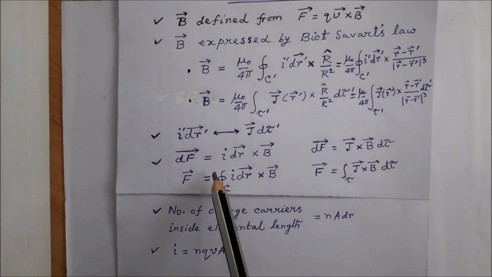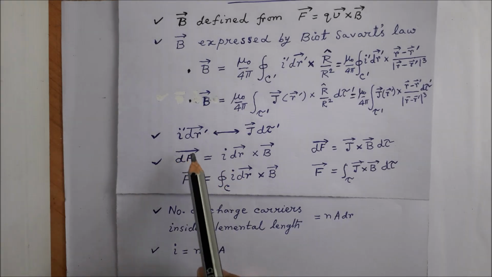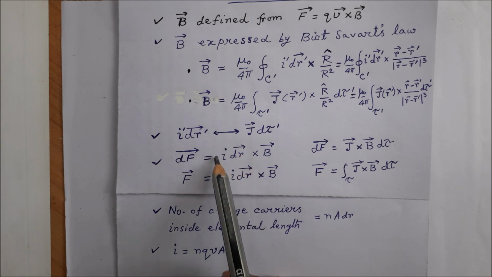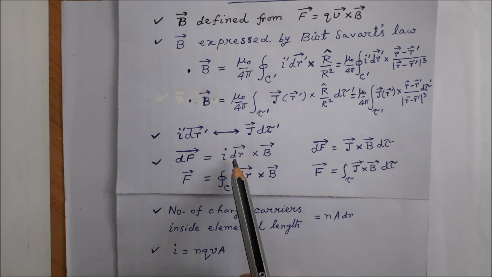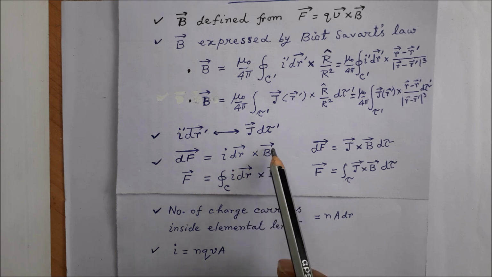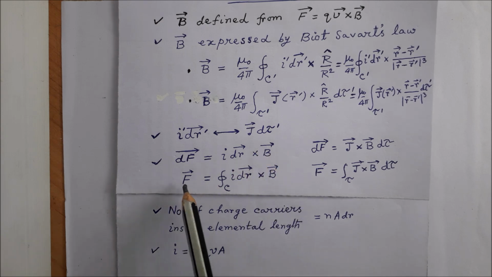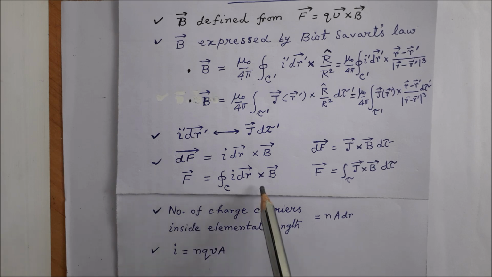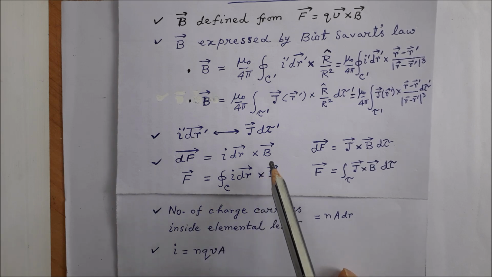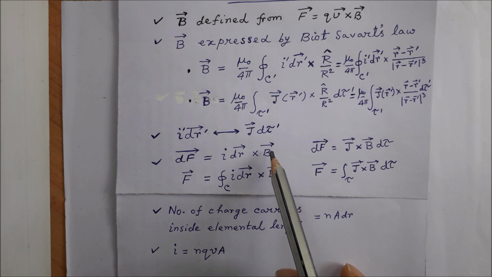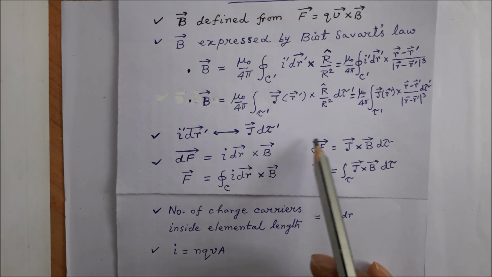We also derived the elemental force that a current element I dr vector experiences if it finds itself in a magnetic induction B, and the total force, the expression of which was also obtained. And we also derived their counterparts in case of a volume current distribution.